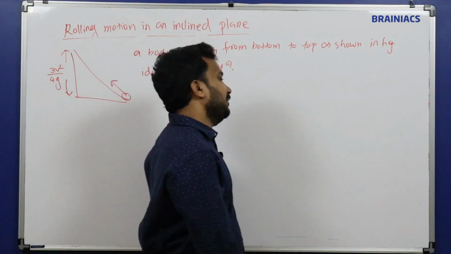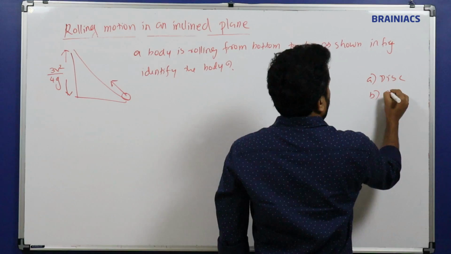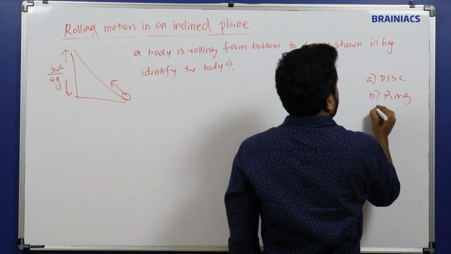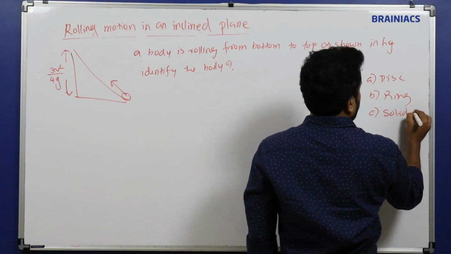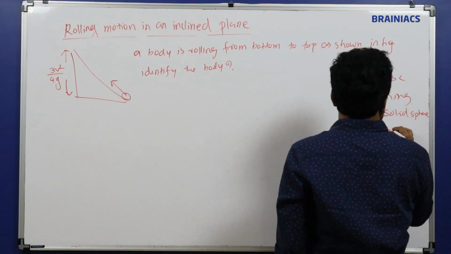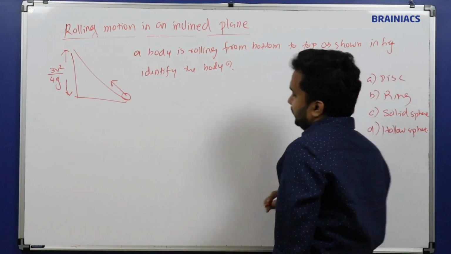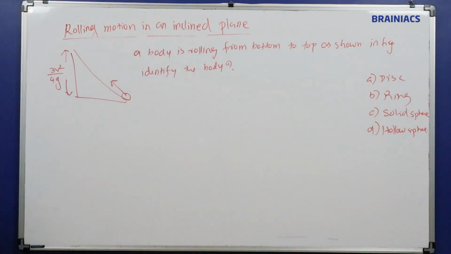The options given are: A is a disc, B is a ring, C is a solid sphere, and D is a hollow sphere. So four bodies are given. Which of the following is the correct answer? This is what we are required to find out.